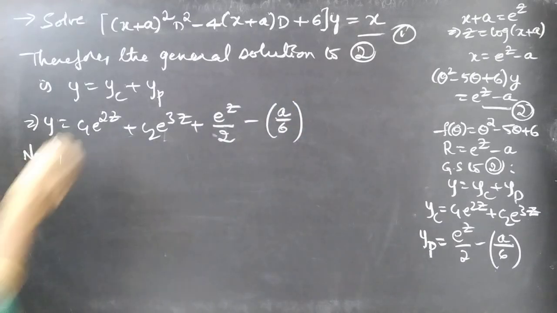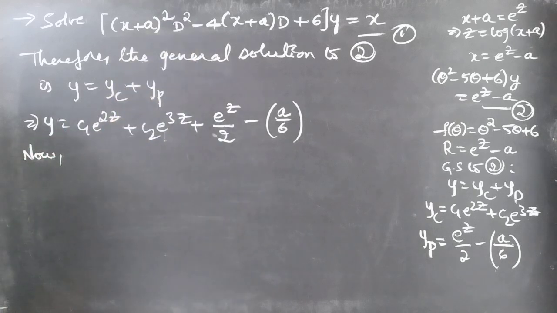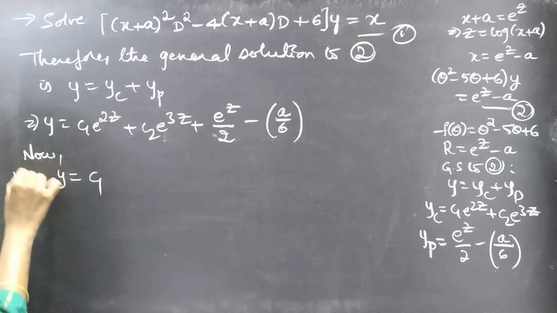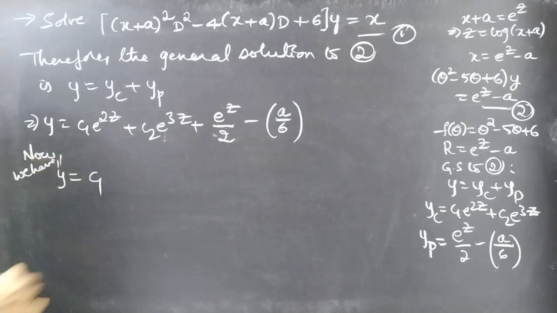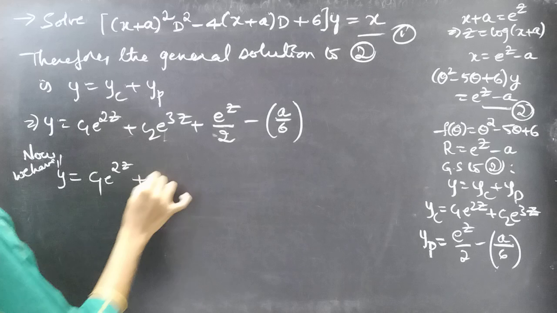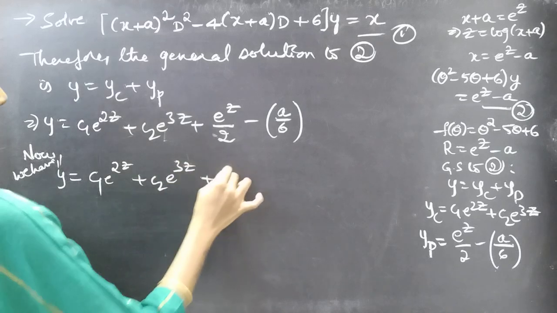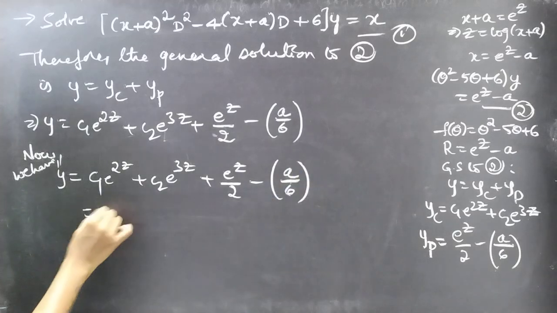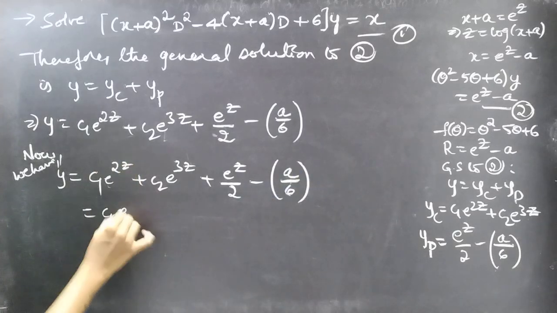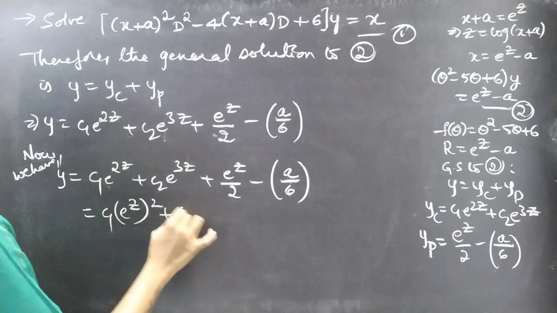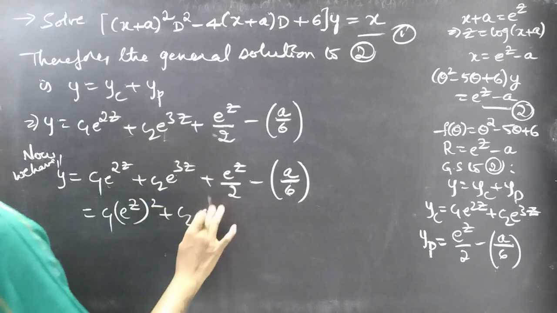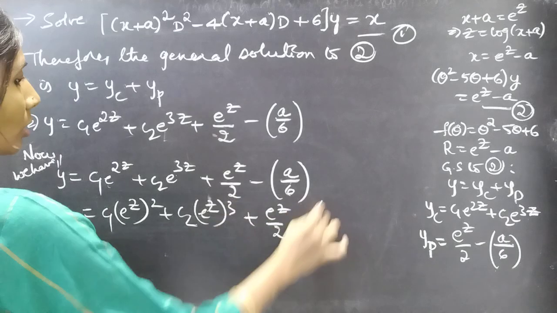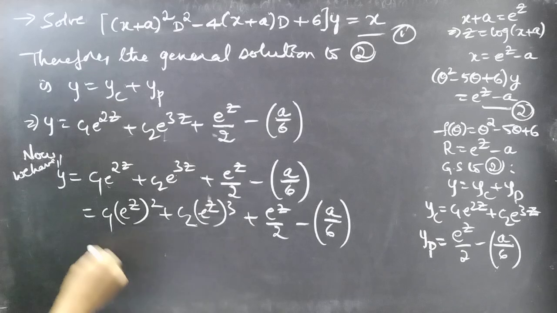Now we'll find the general solution to the given differential equation, that is equation 1. Using this solution, we have y equal to c1 e power 2z plus c2 e power 3z plus e power z by 2 minus a by 6. We'll write e power 2z as e power z whole squared, plus c2 into e power 3z as e power z whole cubed, plus e power z by 2 minus a by 6.